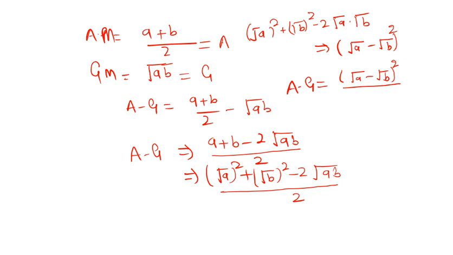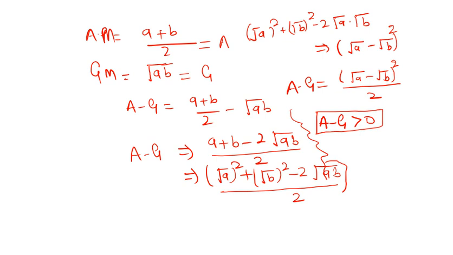If you see this, what it suggests? Anything squared is always positive, correct? So (square root of a minus square root of b) whole square is going to be positive. Whatever the values of a and b, it is always positive, and it is divided by 2, so again it is positive. So I can say A minus G is always greater than 0, a positive number.